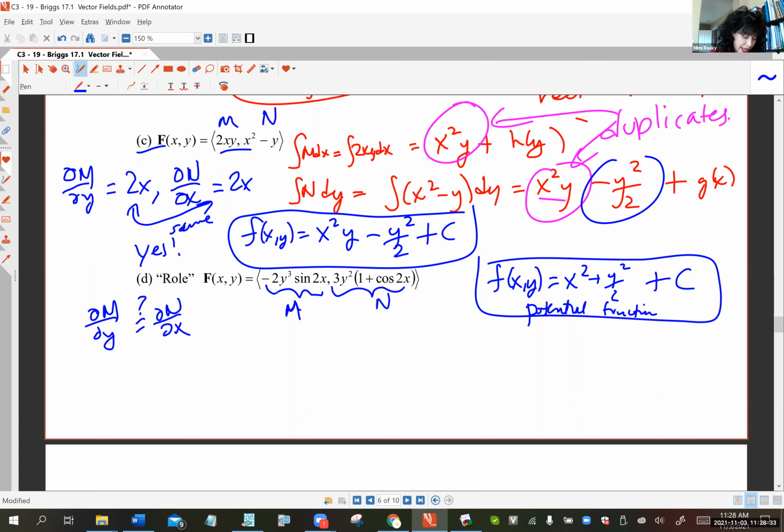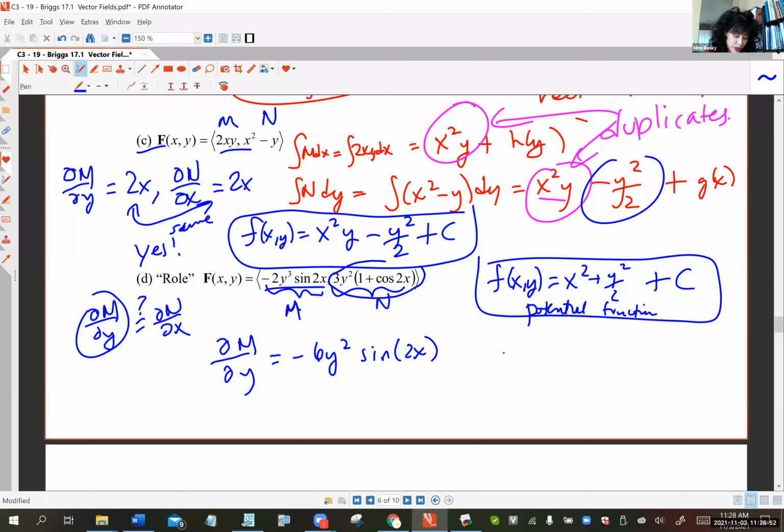Okay. So my m, when I take the derivative with respect to y, the sine of 2x is just a constant. So the negative 2y cubed gives me the factor negative 6y squared, and then times sine of 2x. Now, what about n? When you take the derivative with respect to x, I like to distribute that 3y squared.